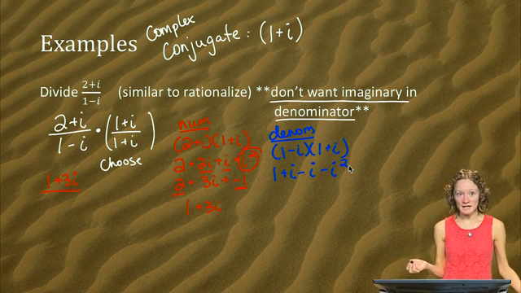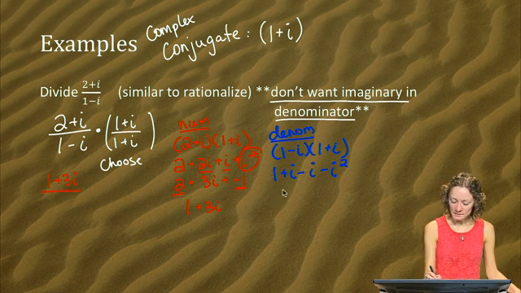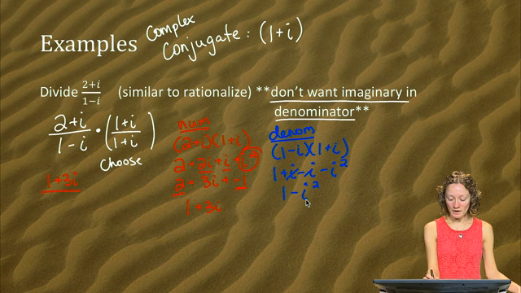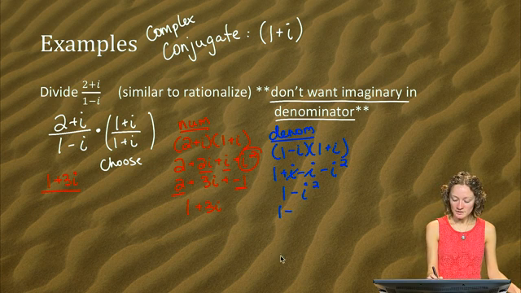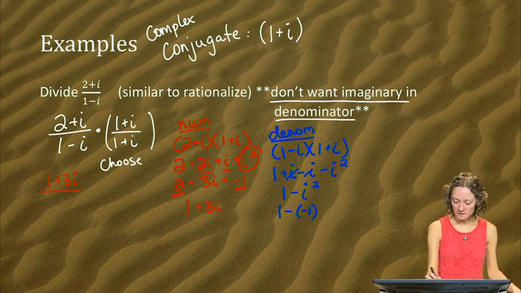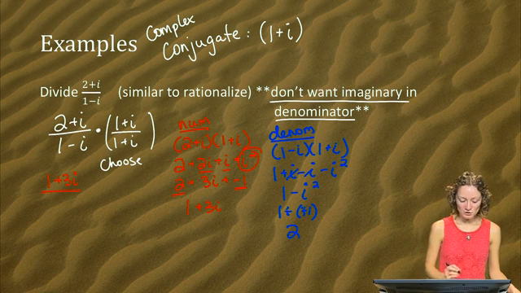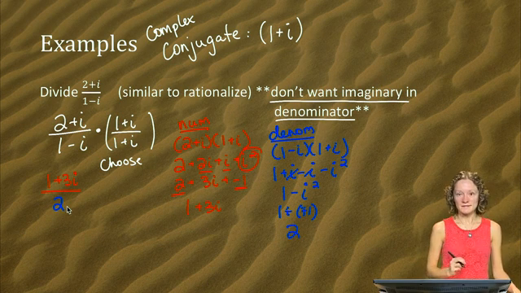And you might be looking at it and thinking, well, the I's didn't go away, but let's keep going. Plus I minus I is gone. We have 1 minus I squared. But remember, I squared is equal to -1. So we have 1 minus -1. 1 minus negative becomes plus. So we get 2, 2 as the denominator.